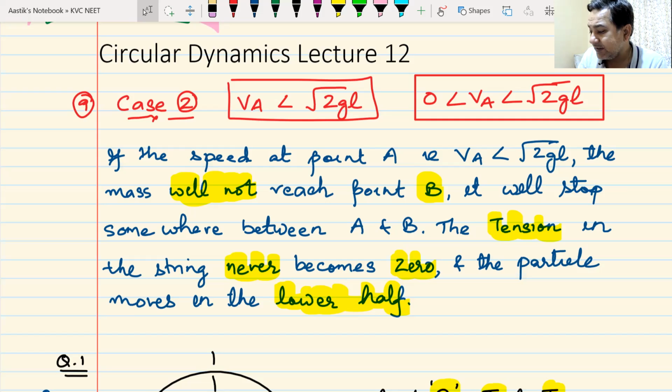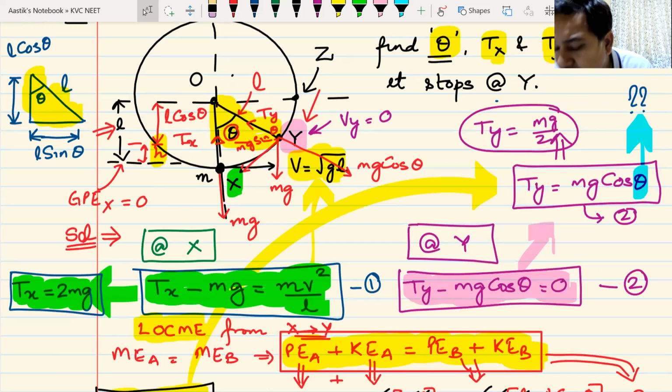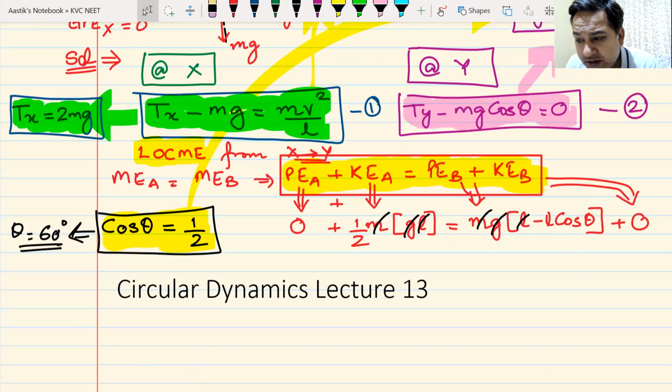We also had seen the example when we had given a speed less than root 2gl. We had given a speed which was exactly equal to root of gl, and we saw that it only goes up to an angle of 60 degrees, it stops there, and then it comes back.